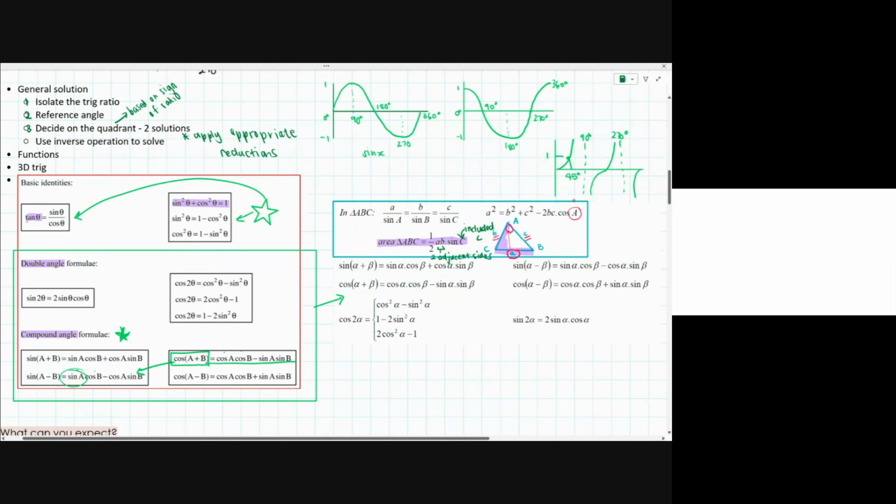So it's your unknown side, cos of the angle opposite the unknown side.